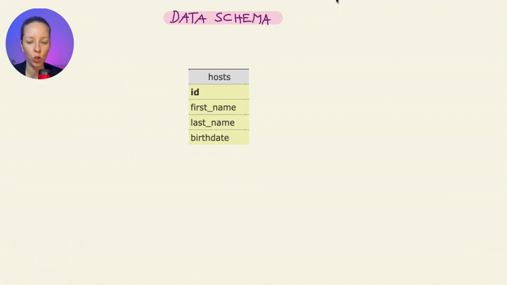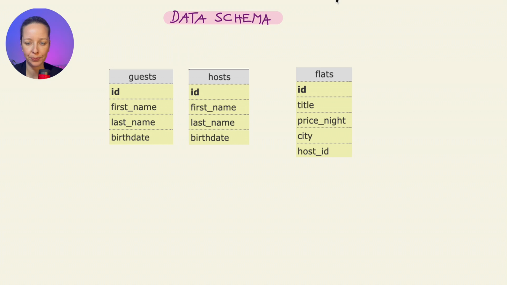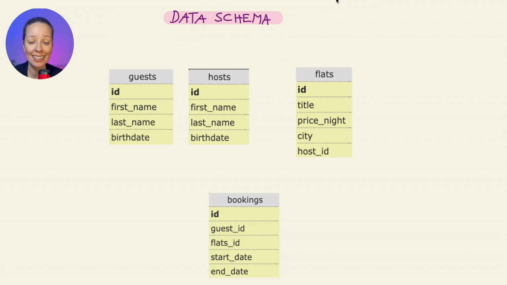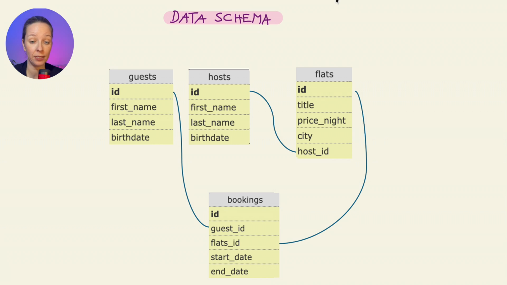They use something called a data schema. Think of it as a blueprint that visually maps out the tables in databases. Each table is shown in a box, listing its columns like first name, last name, etc. So for each table, we have one of those boxes. And then we have foreign keys that visually connect the corresponding primary keys in related tables.